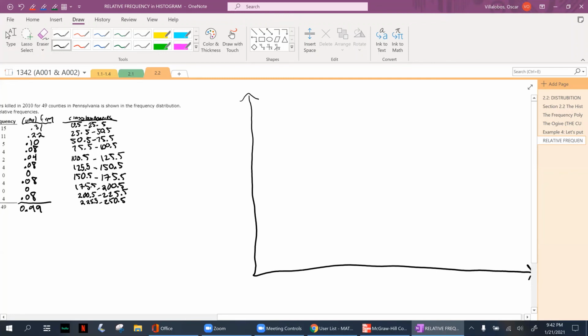So your x-axis is still going to be 0.5 through 25.5, right? This second one will still be 25.5 through 50.5, right? This here should be 50.5 through 75.5, and so forth, right? The values that are going to change are going to be here.